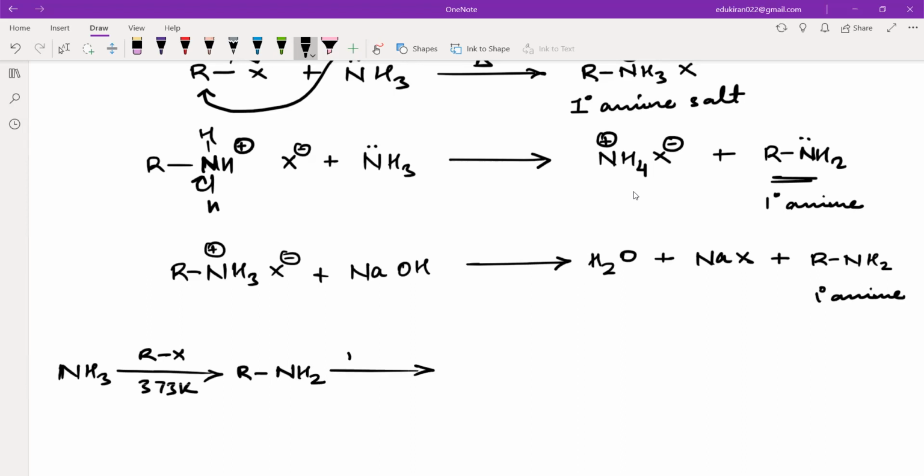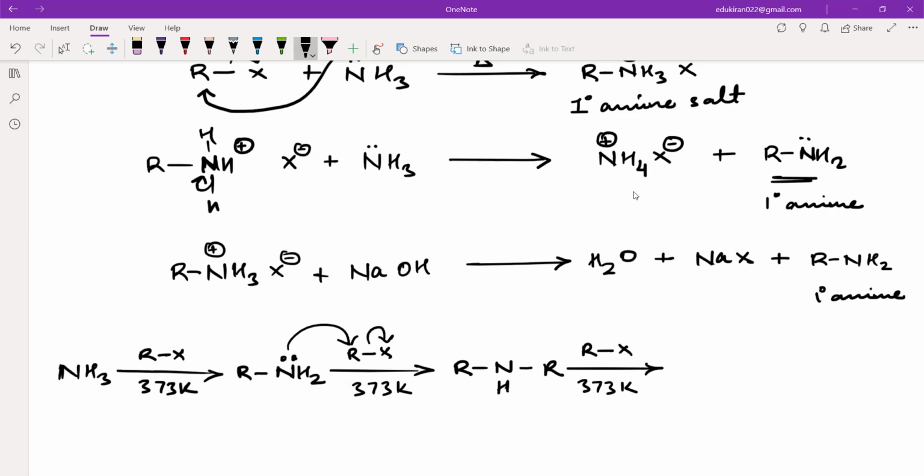Then I further react this with RX, again at 373 Kelvin. The lone pair on this 1 degree amine attacks the RX, and X leaves, so you get N, H with another R group attached. You can do one more reaction, again reacting with RX at 373 Kelvin, and you get R, N, R, R. So first of all, you will get 1 degree amine.